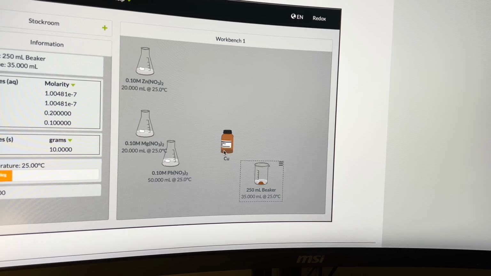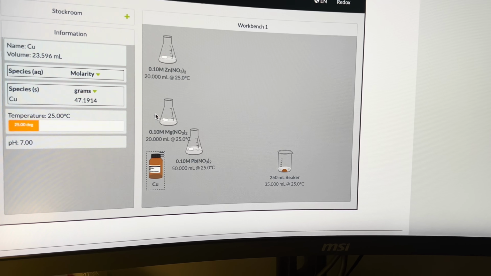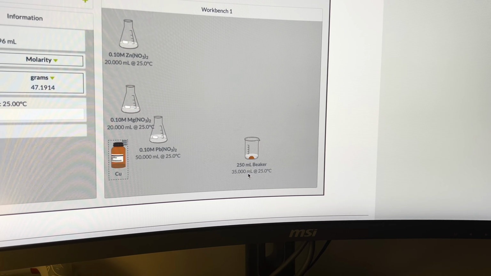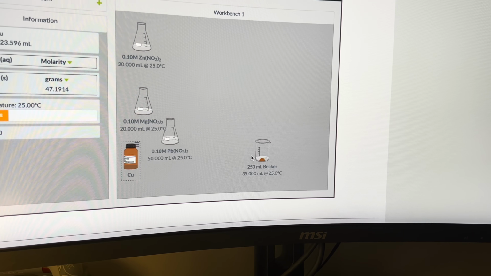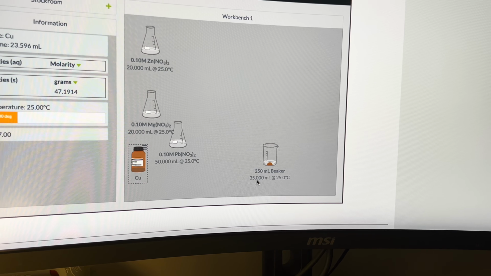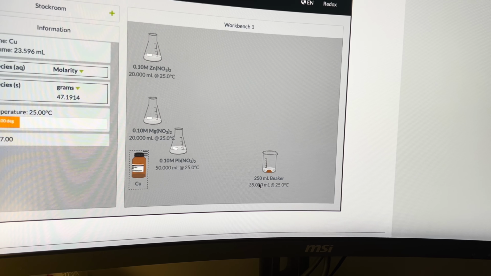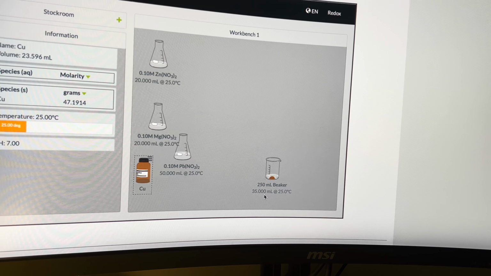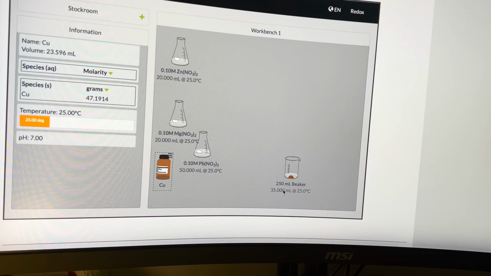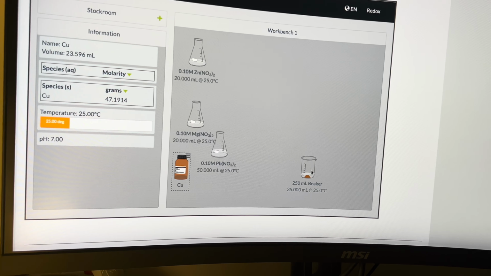And based on our observations here, there's really no reaction going on. However, I do notice that the volume has changed to 35 milliliters, so we can make that our quantitative observation. But for qualitative, I see no reaction occurring.